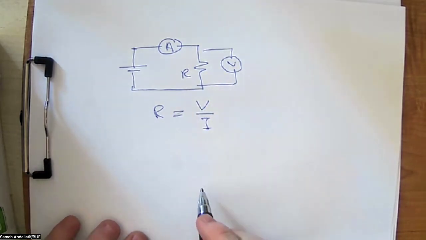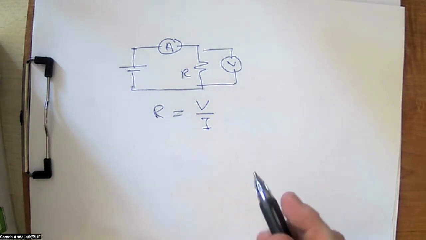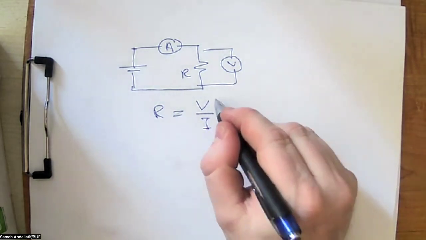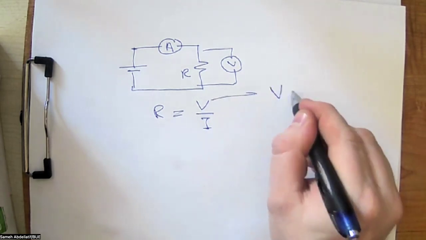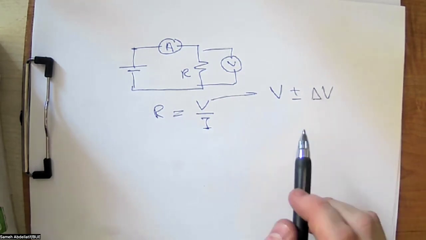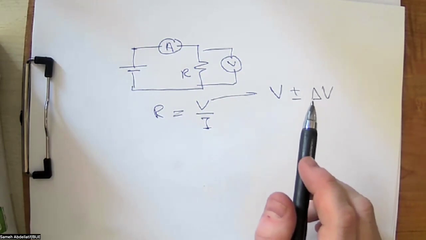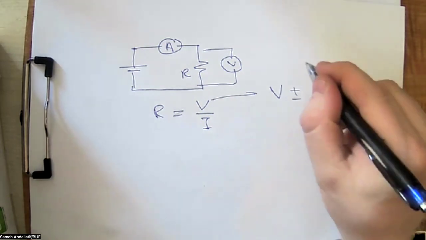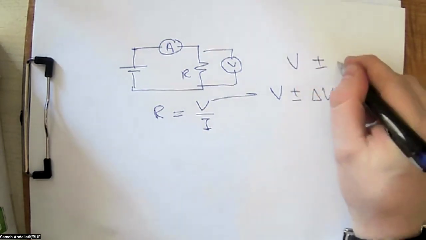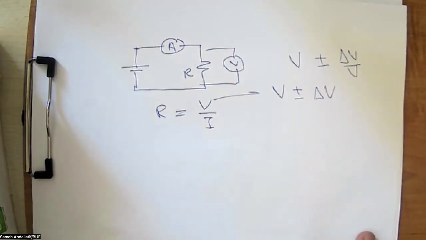That's true. But based on our understanding, this V is not just V; it is V plus or minus delta V if you consider it in an absolute way, or delta V over V if you consider it as a percentage. So it's V plus or minus delta V, where delta V over V is a relative error.